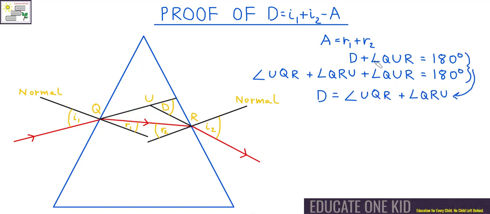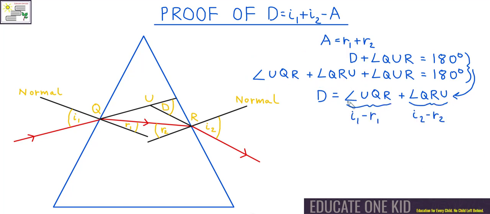So from these two lines, we can see that it must be true that angle D is equal to angle UQR plus angle QRU. You can see that D must equal this angle plus this angle here.